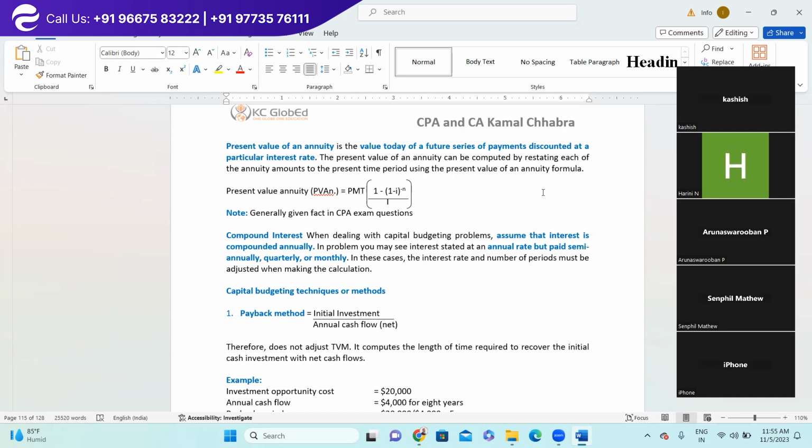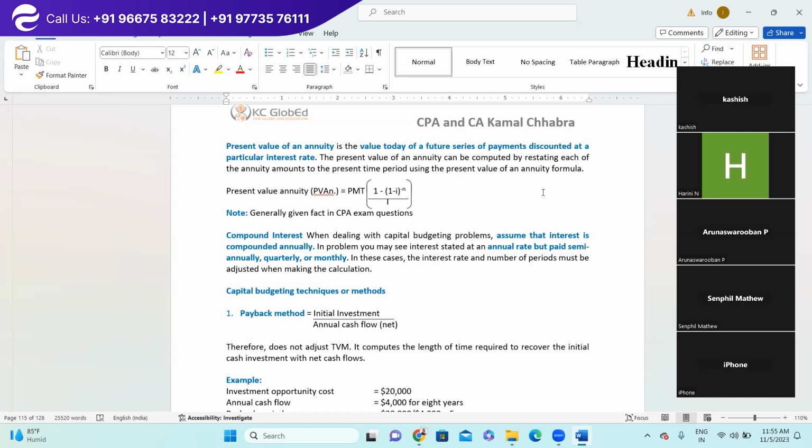So how do you calculate the present value of the total payment you are expected to receive in the form of EMI? The present value of the annuity is the value today of the future series of payments discounted at a particular interest rate.